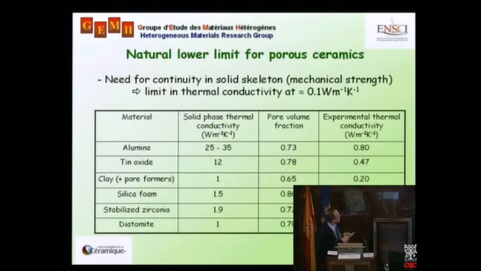So here I've just listed different materials, and you can see that though there is very high pore volume fraction, we never achieve values lower than about 0.1 watts per meter per Kelvin, because we are going above Landauer's curve.